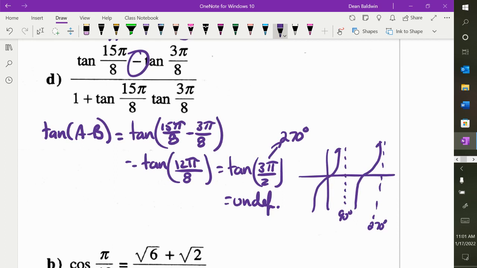So that whole thing equals undefined. If it was 90, it was also undefined. What about 260? It's a number. A really big number, but it'll be a number. 269.99999 will still be a really big number.